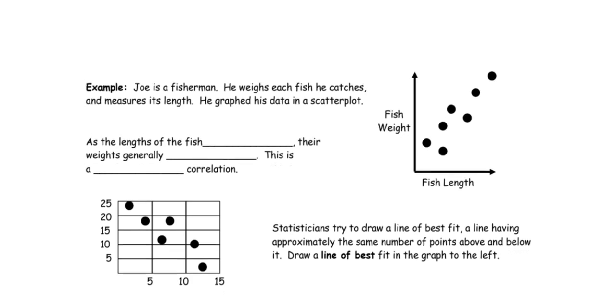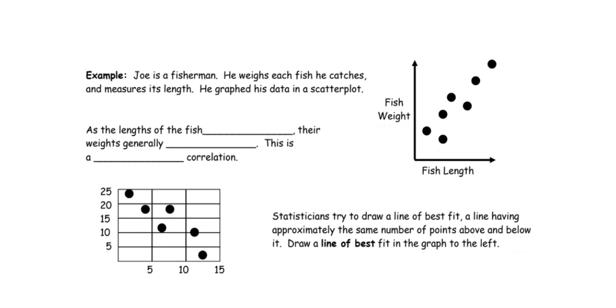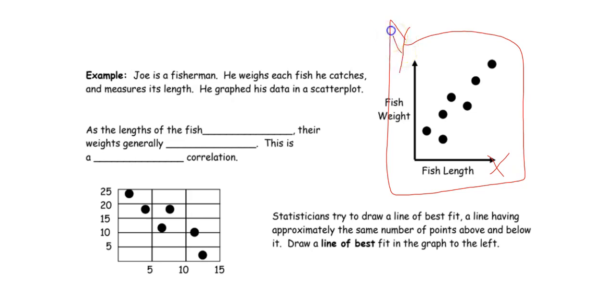An example of this, if we've got a fisherman and he's weighing the fish that he catches and he measures the length. This is the scatter plot over here that he graphed. We've got our fish length on the x, we've got our weight on the y. We can see here as the length of the fish increases, from left to right on the x it's getting larger, the weight is also increasing.